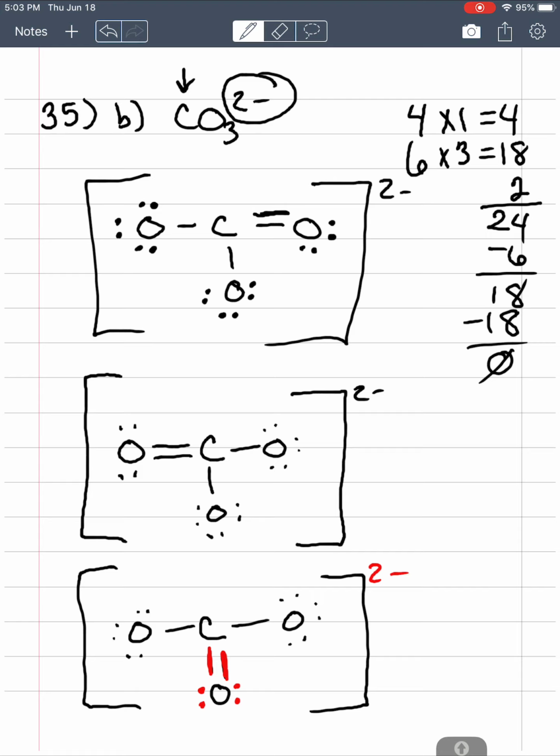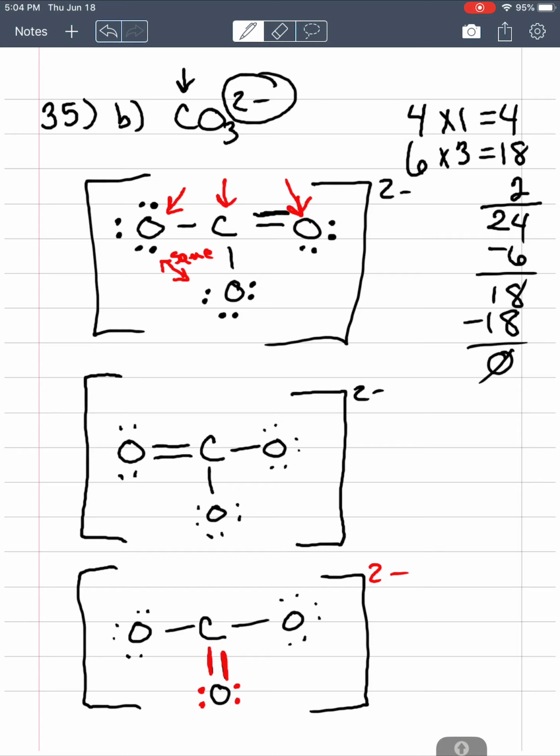All right, so now we want to calculate the formal charge. We've got to calculate the formal charge for carbon, 1 oxygen with a double bond, 1 oxygen with a single bond, because these 2 are the same. And if you look at all the other structures, they also have 1 double bonded oxygen and 2 single bonded oxygens and a carbon.